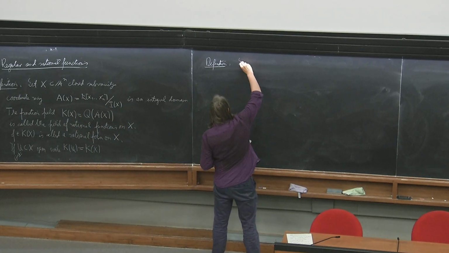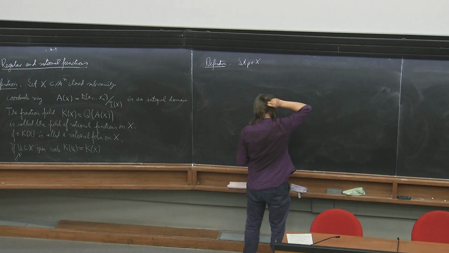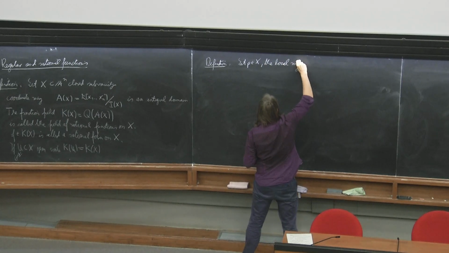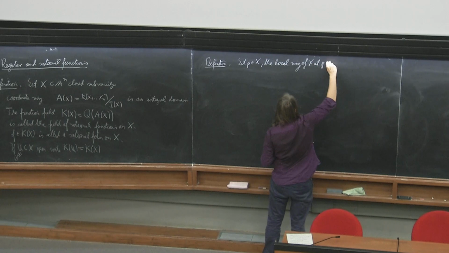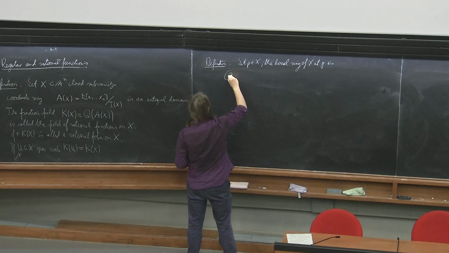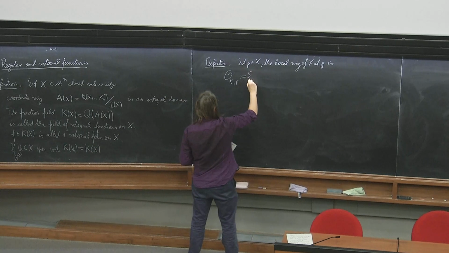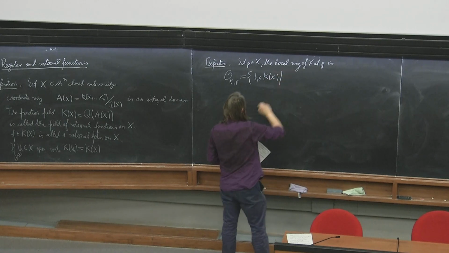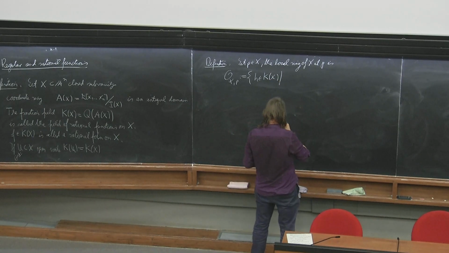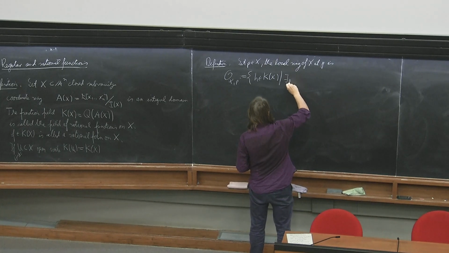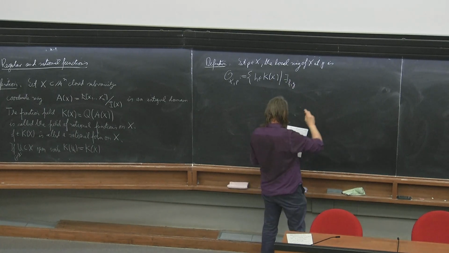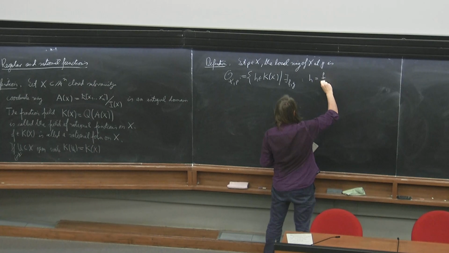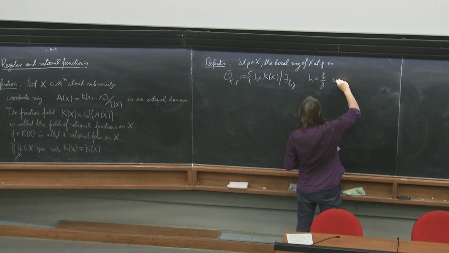So the local ring of X at P, I denote it like this, is defined to be the set of all functions h such that I can write it in the following form: h is equal to f divided by g, and g(P) is non-zero.